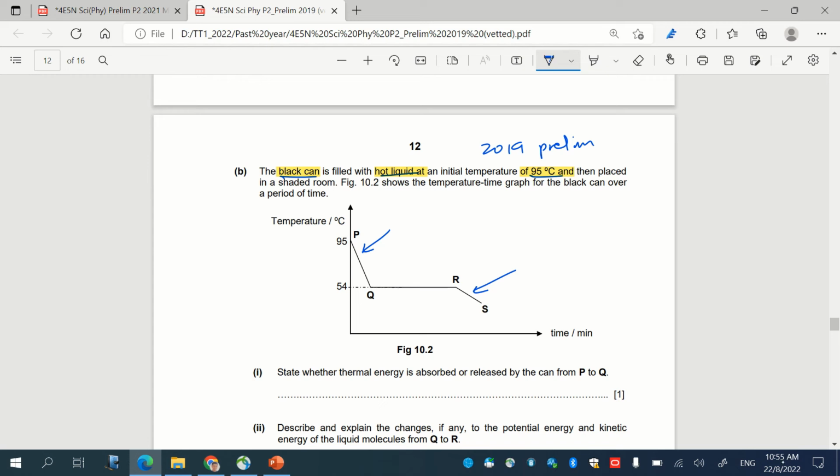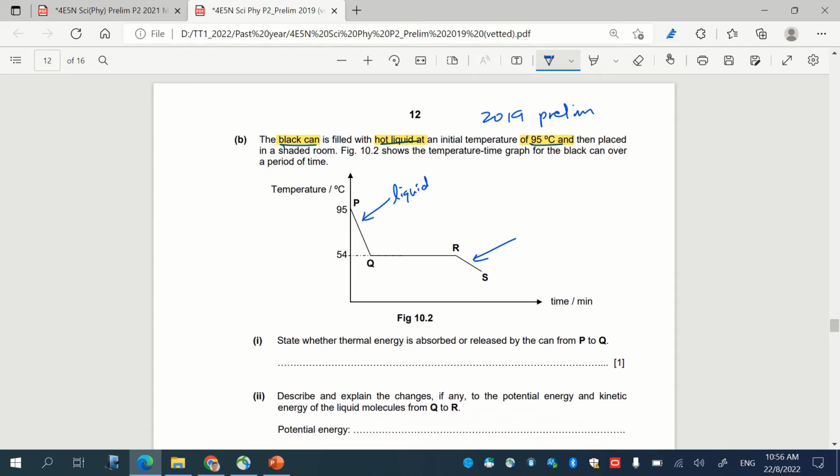From P to Q, it started filled with a hot liquid. So it's liquid first, very hot liquid. Then it cools down. The graph shows the temperature against time for the black can. At RS it must have become solid, which means P to Q is a period of freezing. Again, it's a freezing period.